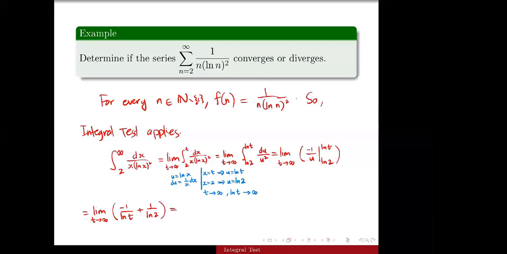But as t approaches plus infinity, ln of t goes to infinity also. So this term will go to 0, which means that this is 1 over ln of 2.